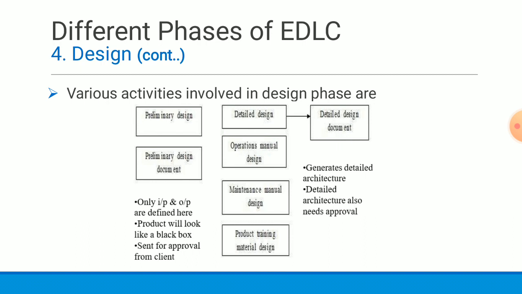In preliminary design the functional blocks are considered black boxes, but in detailed design the various components of functional blocks are identified and the interconnection among various functional blocks are identified. The control algorithm requirements etc. are identified in detailed design. So the detailed design also needs to be reviewed and approved by the end user or customer. A detailed design document is prepared and is sent to the customer for review. Okay, so these are the various activities involved in design phase: preliminary design followed by detailed design.